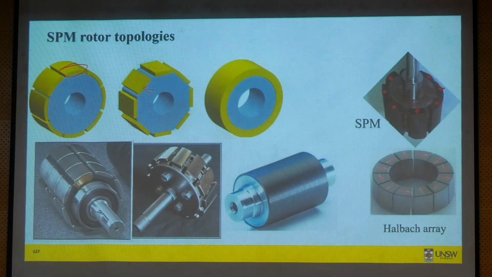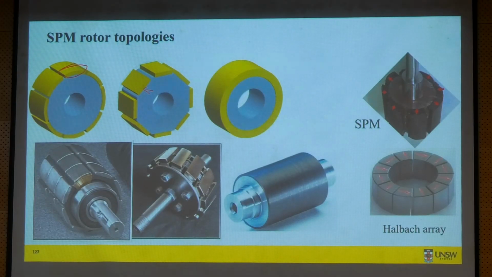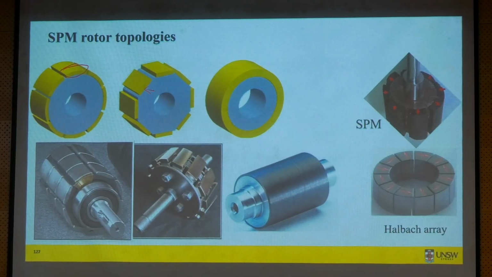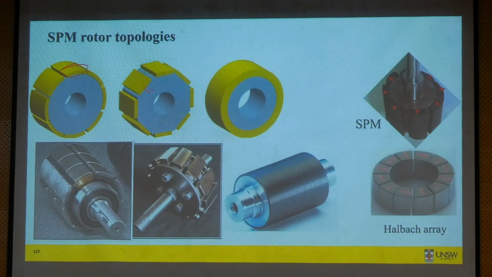So what's the difference? By shaping the magnet, you may be able to reduce the torque ripple that we talked about. Okay, you can make the magnet flux more sinusoidal. So by doing that, you may be able to reduce some torque ripple. So that's the main innovation in the rotor.